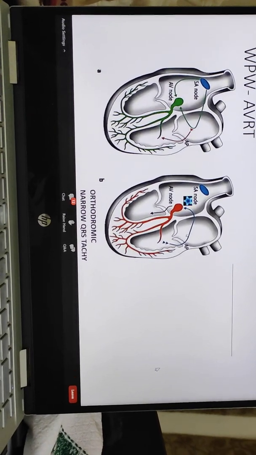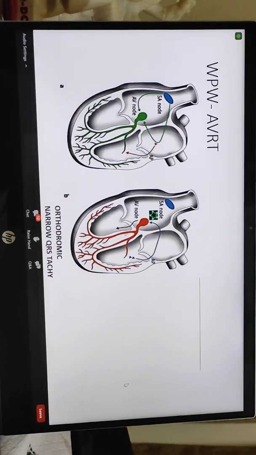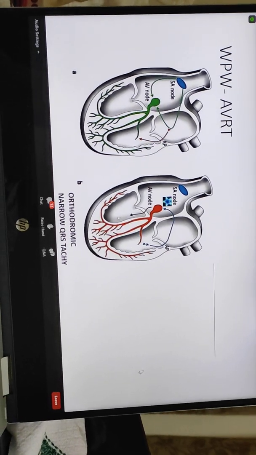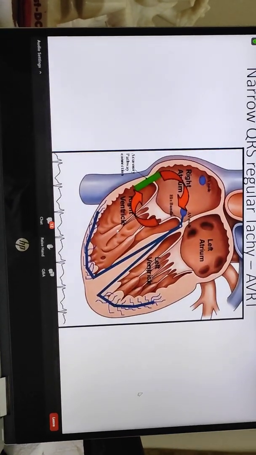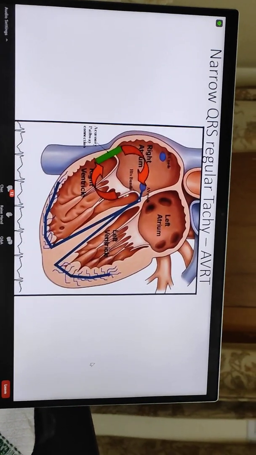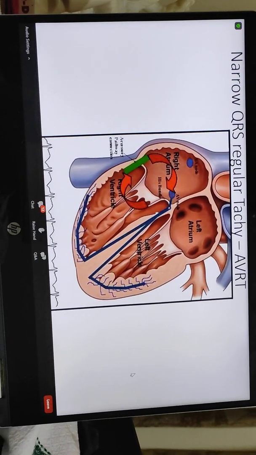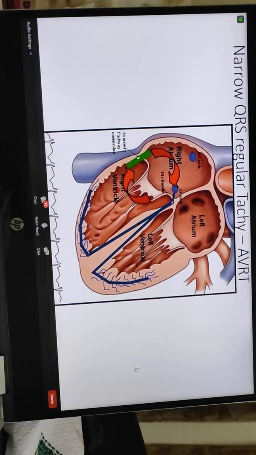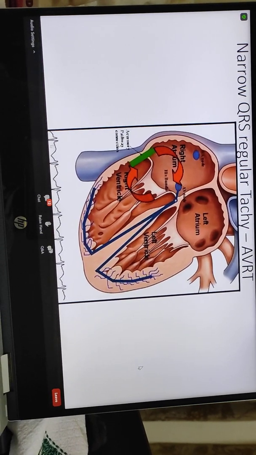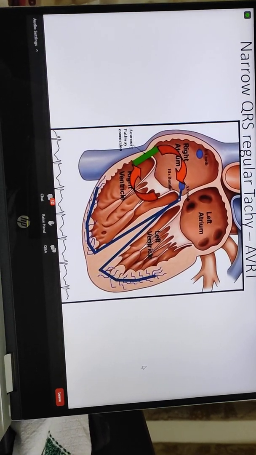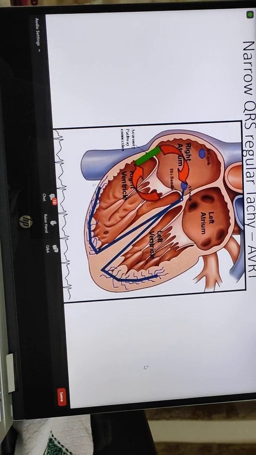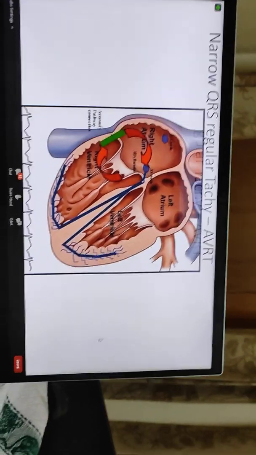And the retrograde conduction is going to go through the accessory pathway, which results in narrow QRS tachycardia, AVRT. So this re-entry circuit involves the antegrade conduction through the normal pathway and the retrograde conduction through the accessory pathway, which results in a narrow QRS complex regular tachycardia, one of the commonest supraventricular tachycardias.